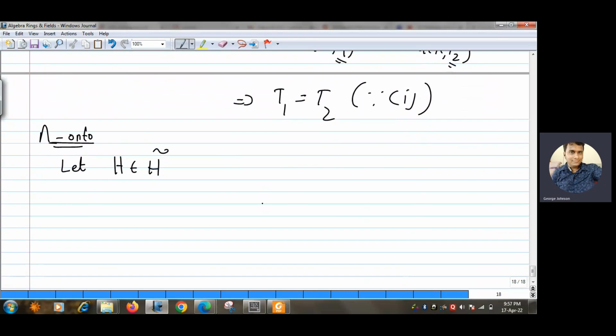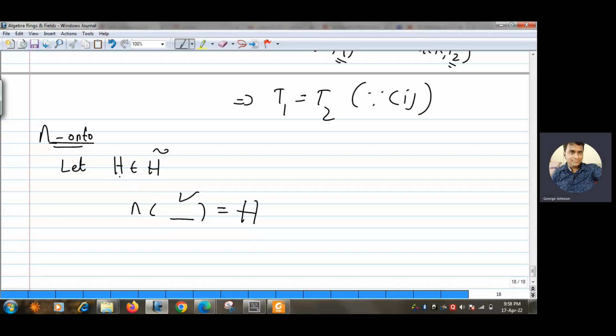I have to construct some element whose lambda image is nothing but capital H. Starting with one element of codomain, I have to construct an element of domain whose image is the same as H. What element can we put here? Let us see.